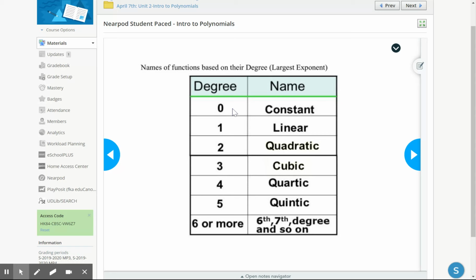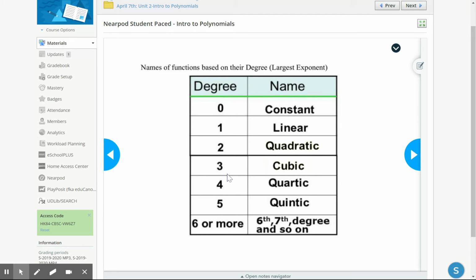And here you go. Here are the different names of the functions by their degree. So you guys should all be familiar with constant, linear, and quadratic at this point. Linear, literally, it looks like a line when you draw it. Quadratic, we should know at this point, looks like a parabola, so like a U-shaped graph. So if something is to the third power, we call it cubic. You have heard that word as well.